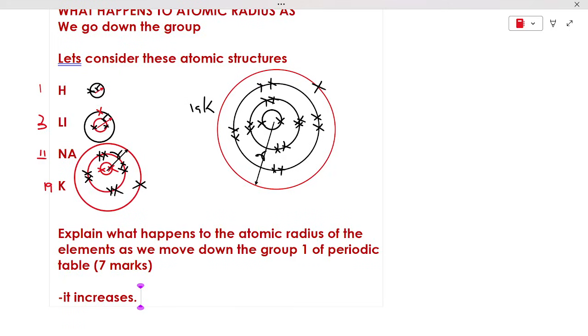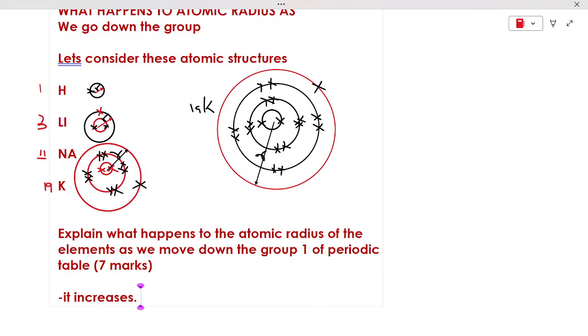So here is how you should be responding, so that you get all the marks without losing any mark, right? First of all you say it increases. Then you find out what causes the radius to increase when we go down, at hydrogen, lithium, sodium and potassium.